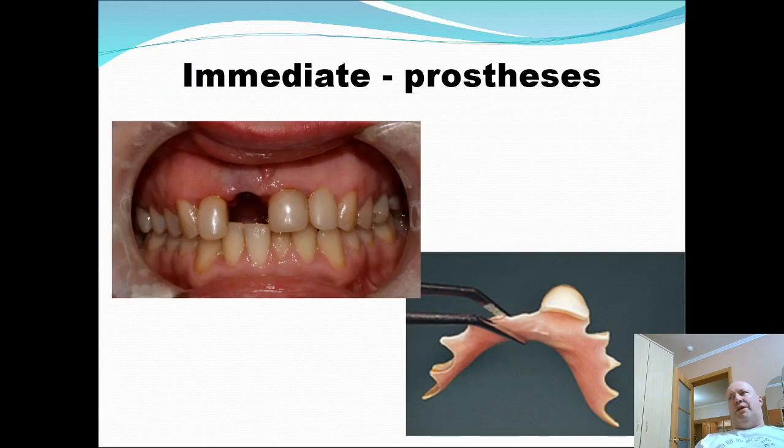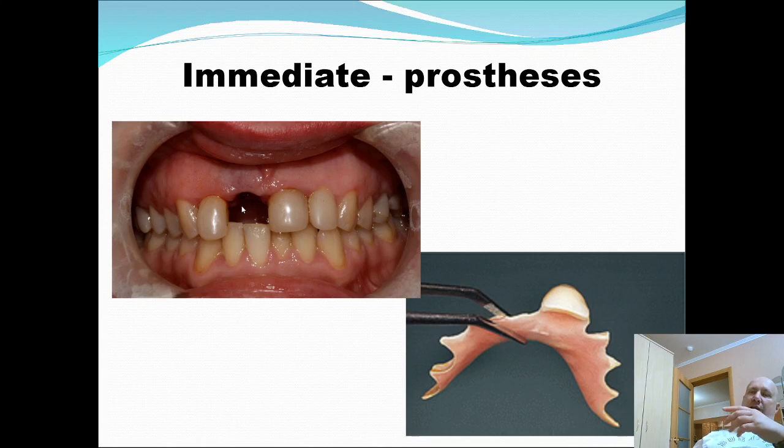Here is immediate prosthesis. The first advantage of this one is that if your patient has a bad tooth here, which you are going to extract, you don't need to extract it first and then make an impression. You can make an impression of the jaw with this tooth.